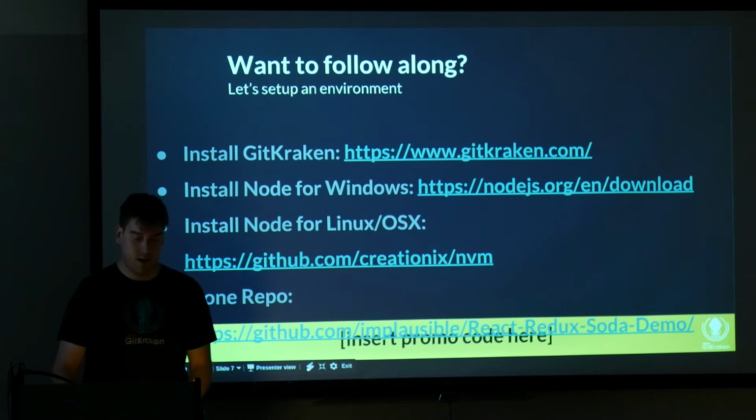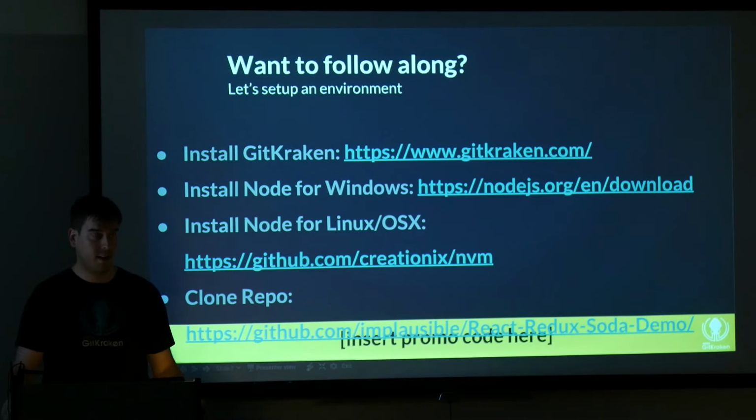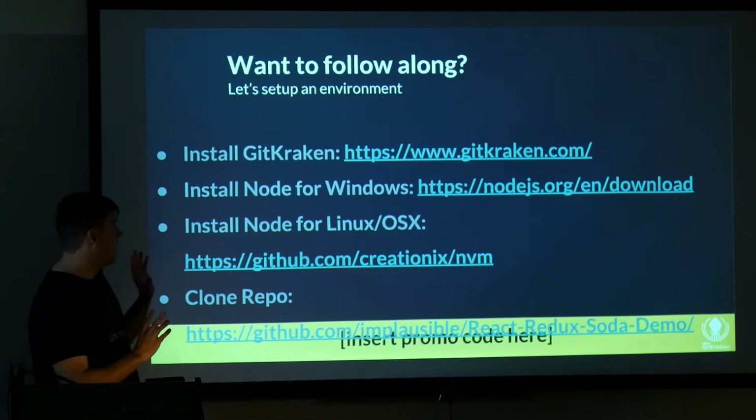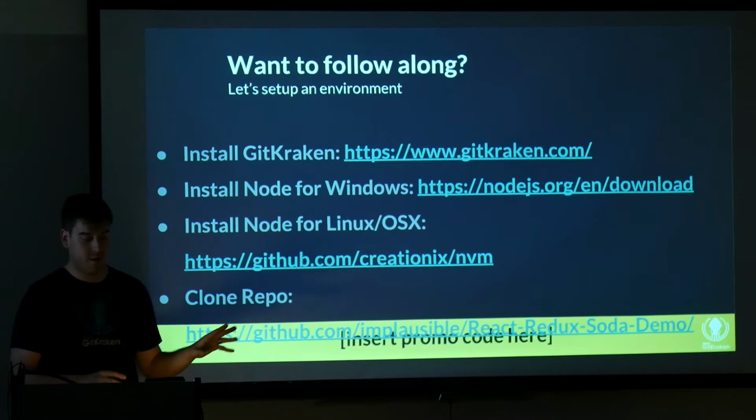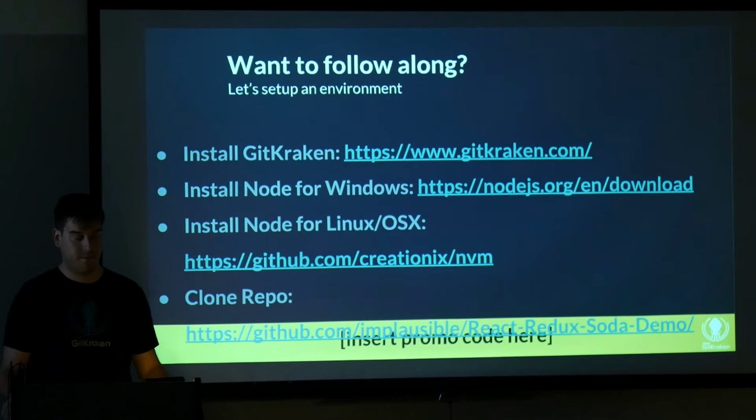So now that I've talked about GitKraken and Git, here is some information you can use to follow along. I won't walk you through these steps specifically, but we're going to be using GitKraken in this talk.